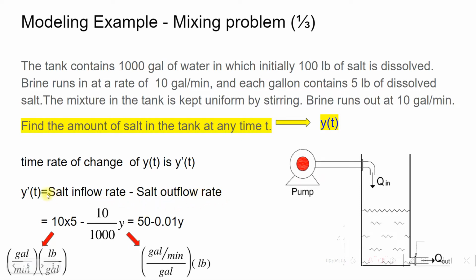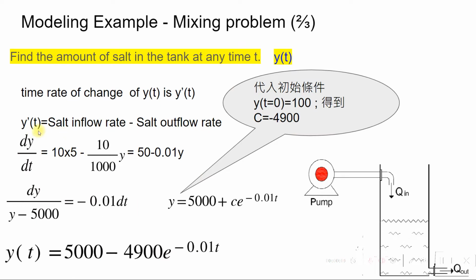So finally, we get our ODE. y prime of t equals 50 minus 0.01 times y of t. So we got the ODE as shown here.